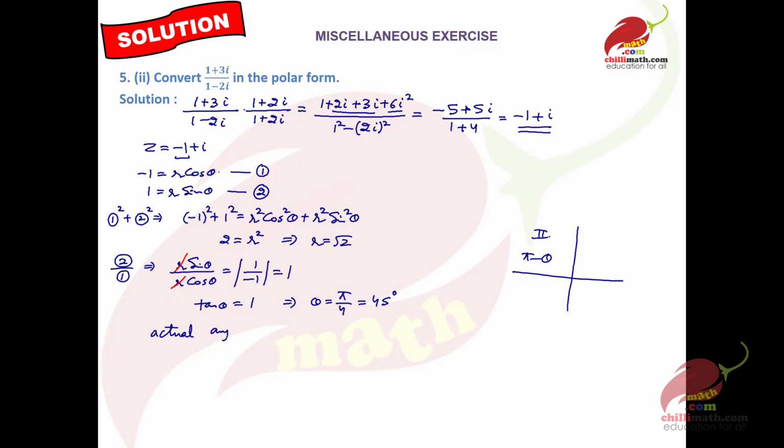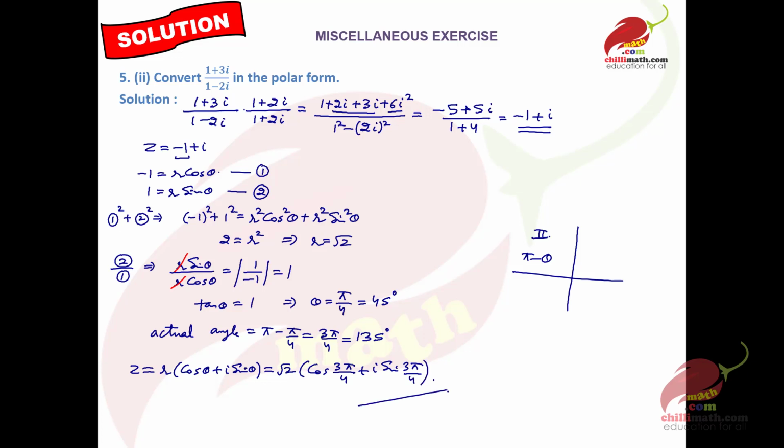So therefore actual angle will be equal to pi minus pi by 4, or 3 pi by 4, or 135 degree. So our complex number in polar form is like r into cos theta plus iota sin theta. Putting values of r and theta, we get root 2 into cos 3 pi by 4 plus iota sin 3 pi by 4, which is your required answer.